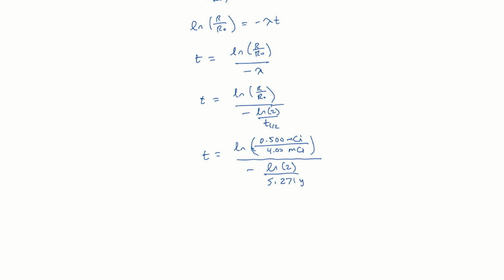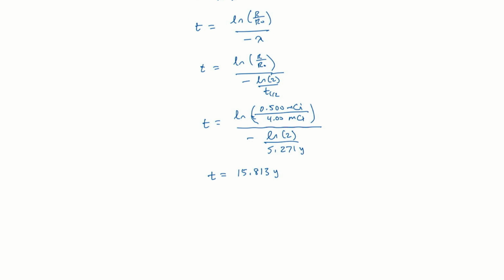So dividing twice flips it up. Doing all that on the calculator gives 15.813 years. And so we can call that 15.8 years. So that's how long ago the source had an activity of 4.00 millicuries.